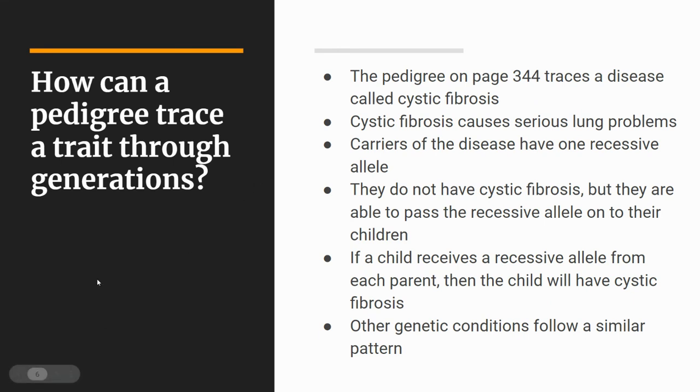So let's take a look at the pedigree on 344 that traces a disease called cystic fibrosis. Cystic fibrosis causes serious lung problems, and most people that have cystic fibrosis do not live very long. It's getting to be more common for people to live longer, but it's usually referred to as like a child's disease.